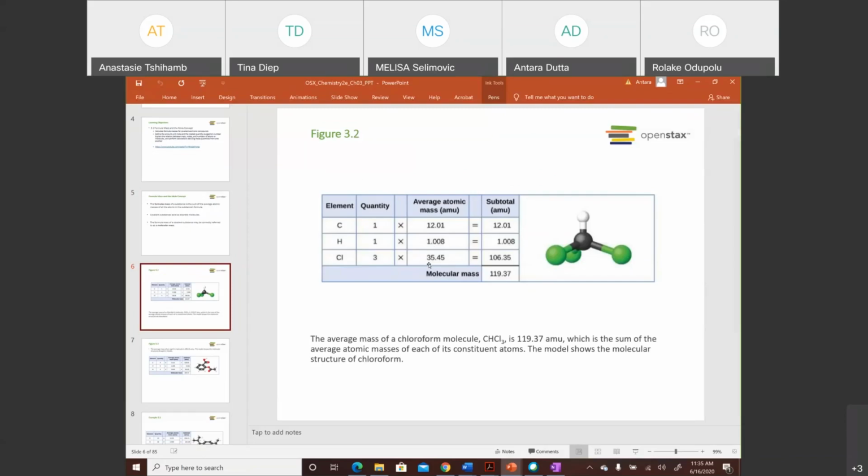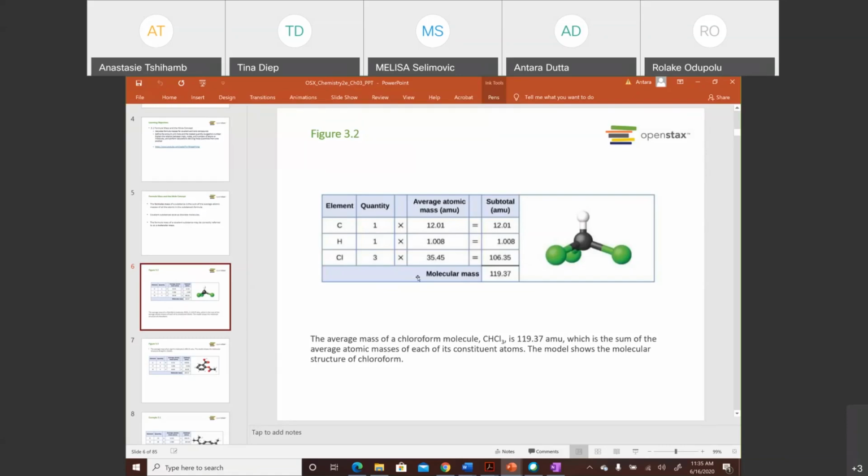One thing I get many questions about from students is how many significant figures we should take from the periodic table. You should take a minimum of 4 significant figures. See, all these values have at least 4 significant figures. It does not mean you only take 4, but you should take a minimum of 4 to calculate.